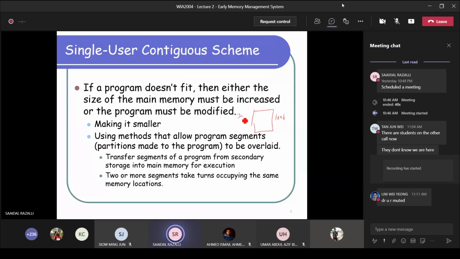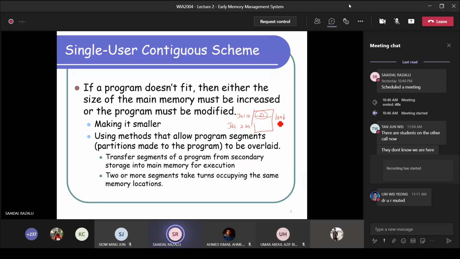And if you talk about a single user system, say this is 100K memory. Job 1 is 10K. They have to wait for job 1 to finish first, and then job 2, let's say 50K, can enter the memory. This is a waste because it is serial. No matter how small the current job is, the next jobs cannot enter the memory.